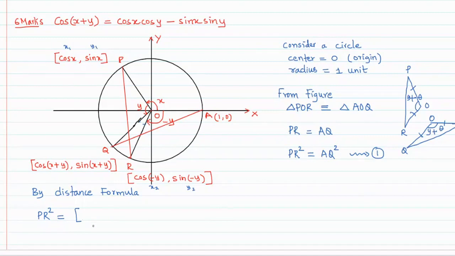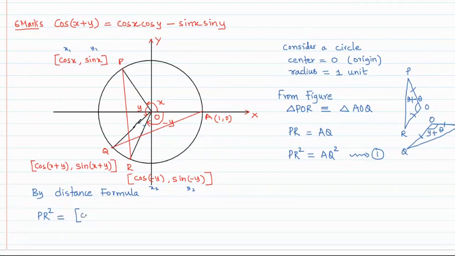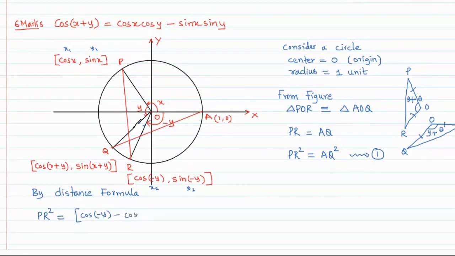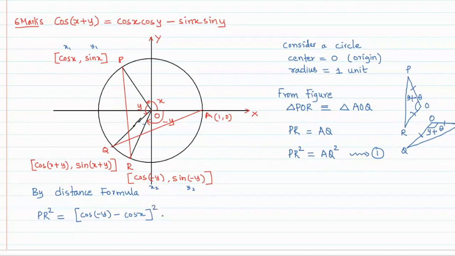So x2 minus x1 bracket square, that is (cos(-y) minus cos x) bracket square plus y2 minus y1, where y2 is sin(-y), minus sin x bracket square.